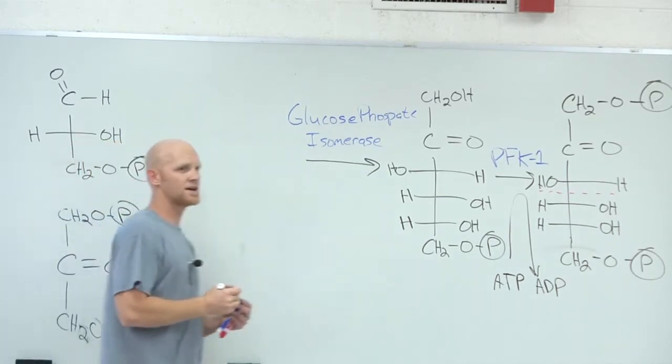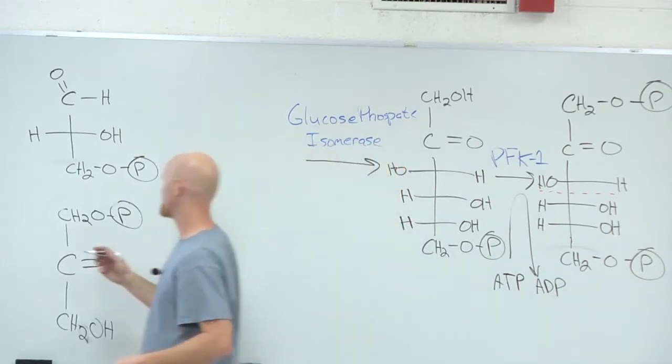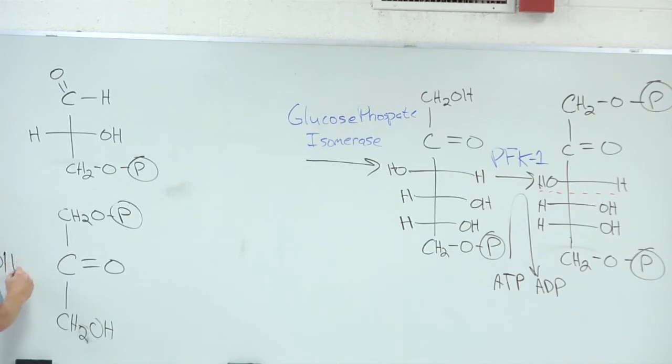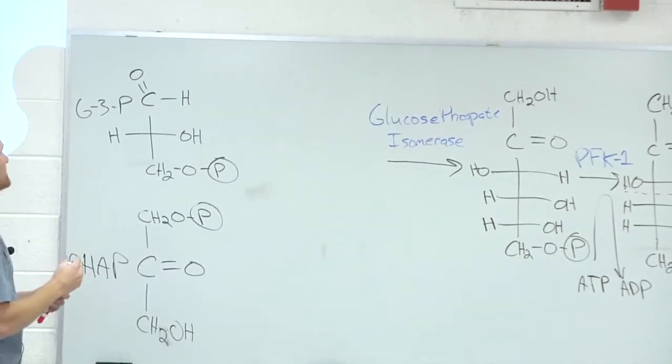It's a ketose instead of an aldose. So you get 1 aldehyde sugar, 1 ketose sugar. This is your DHAP, and this I'm going to call G3P, as you see on your map.